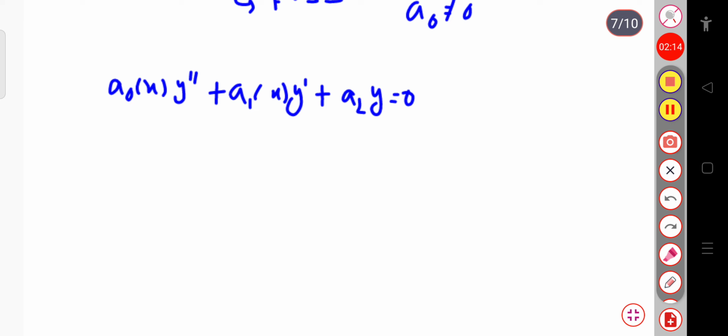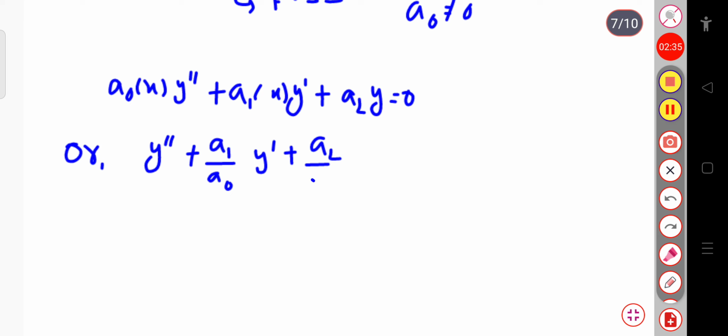It means this is your a2 of x. Now if I divide throughout by a naught, we get y double prime plus a1 divided by a naught y prime plus a2 divided by a naught y equal to 0.